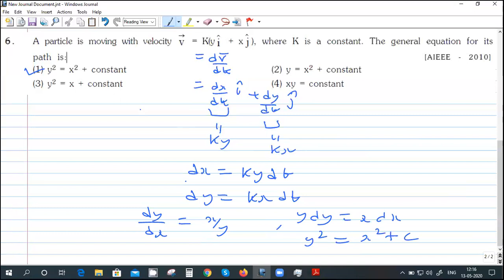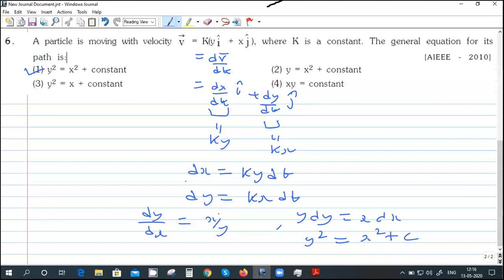So you got it. Velocity is always dr by dt in any problem, and dr by dt is always dx by dt i cap plus dy by dt j cap. That's true everywhere. Now this is equal to whatever is given in the problem. So we get dx by dt as ky and dy by dt as kx. Divide both of them, dt will get cancelled. Now we can separate the variables and integrate both sides.